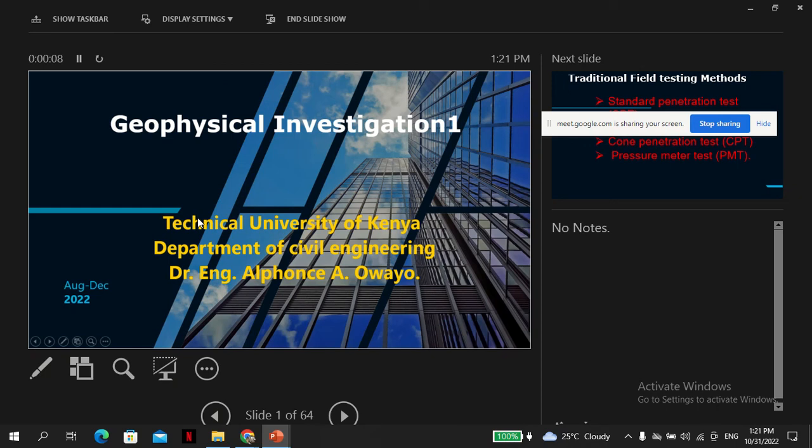Geophysical investigations. You notice we've covered a lot of groundwork. There is one more topic after this, which we can finish next week. I give you 2 weeks for your reading. Then you sit the CAT for this part, and then you wait for the exam, unless you have anything else you want me to discuss in detail.